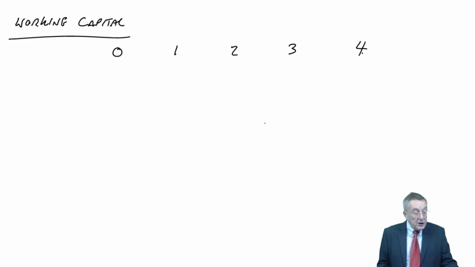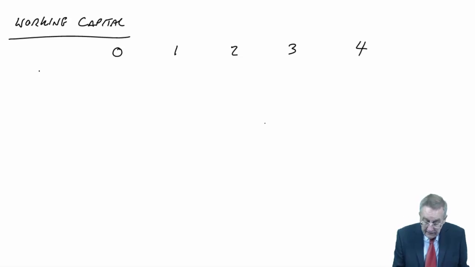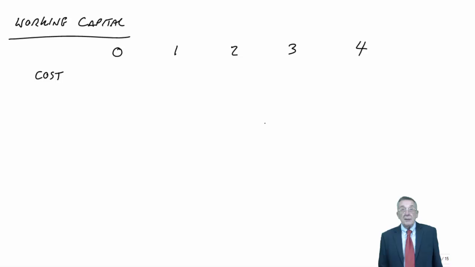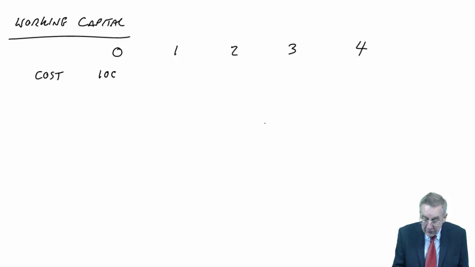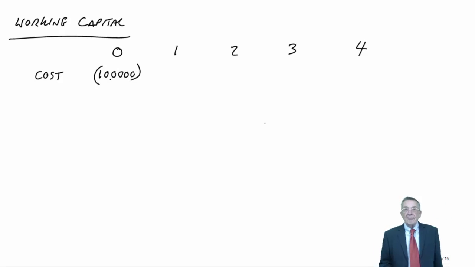And what does it say? It says a machine costs 100,000 to purchase. And so fine, the initial cost, we always assume, unless you were told differently, that's payable immediately, time 0, now. And so there's a cash outflow of 100,000. Leave working capital for a moment.